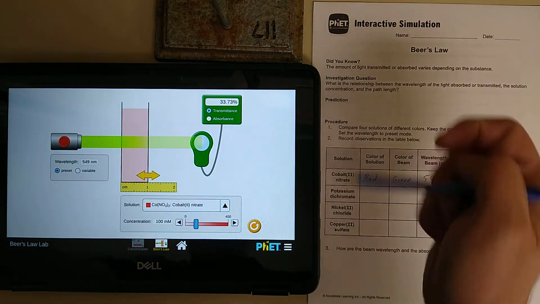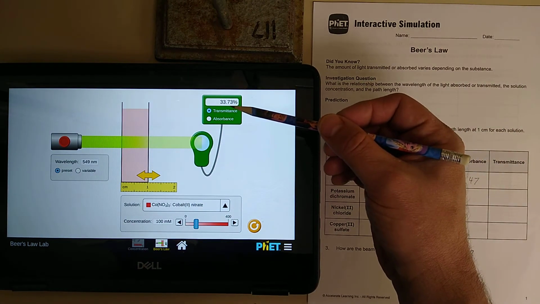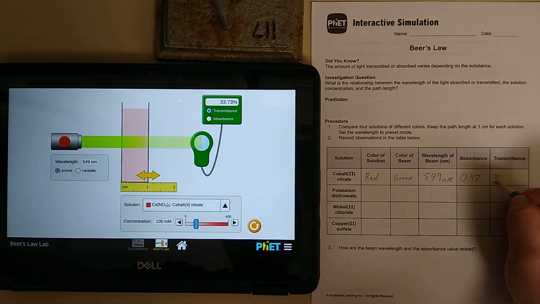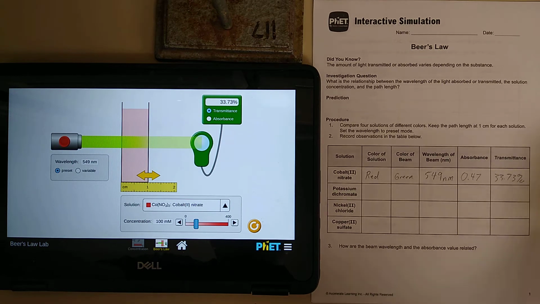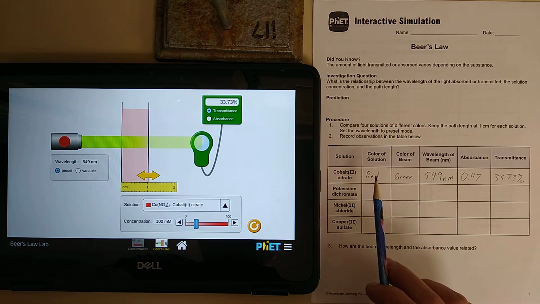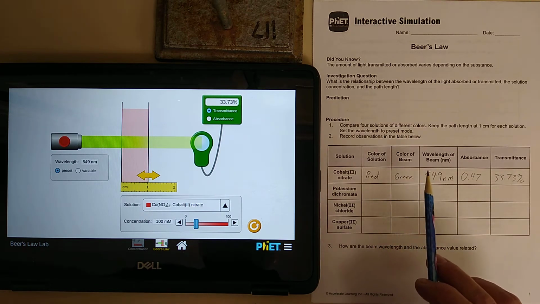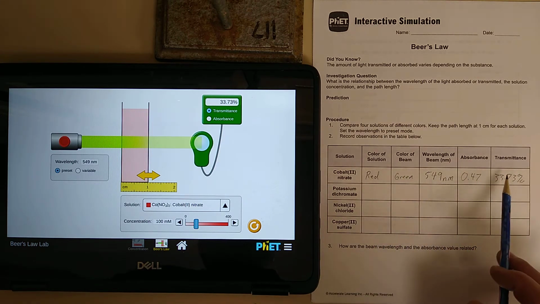And transmittance, 33.73%. So that's the color of the solution, the color of the beam, the wavelength, the absorbance, and the transmittance.